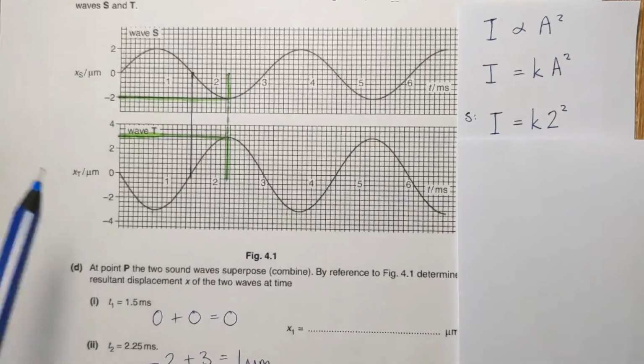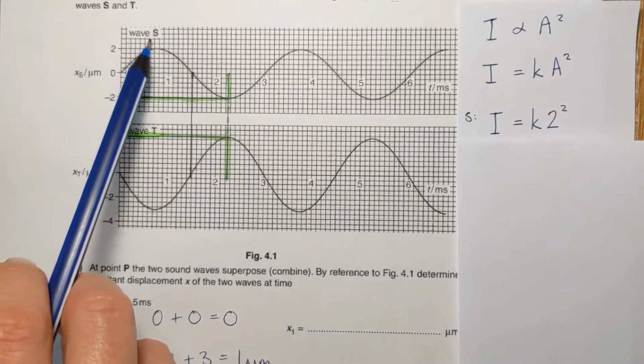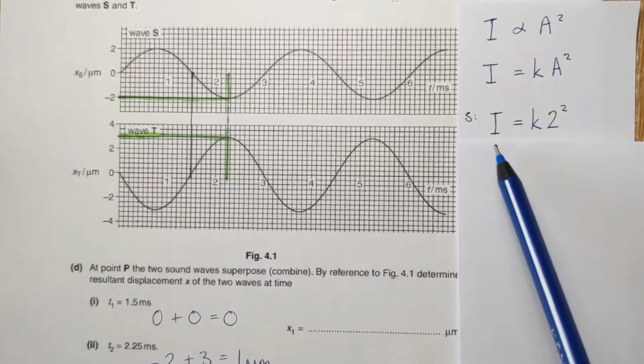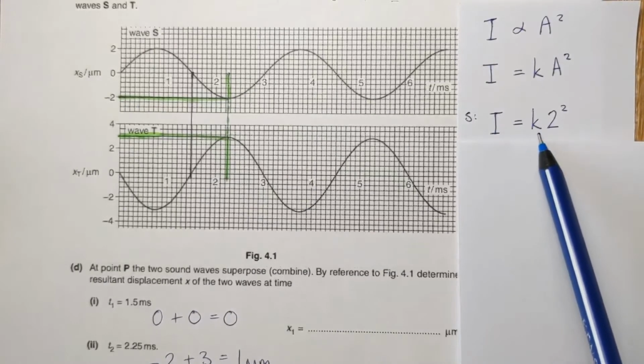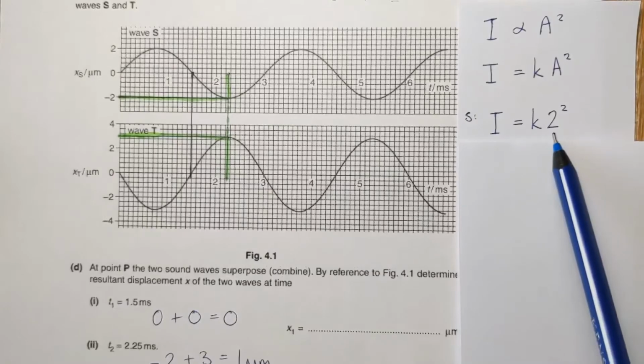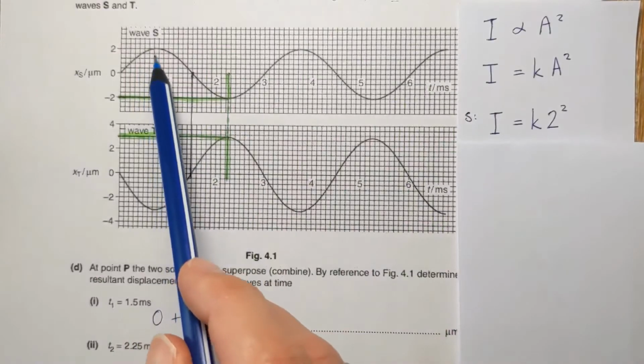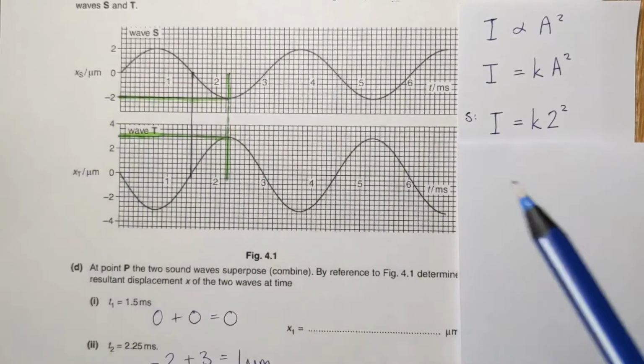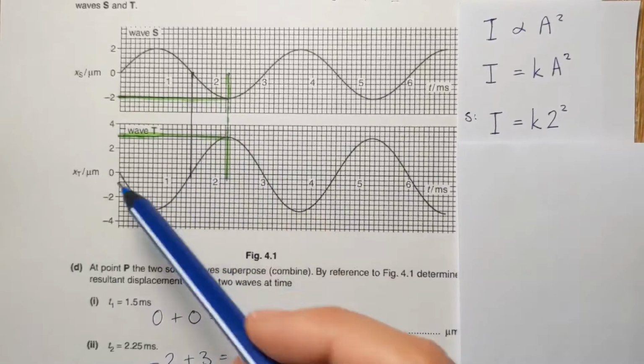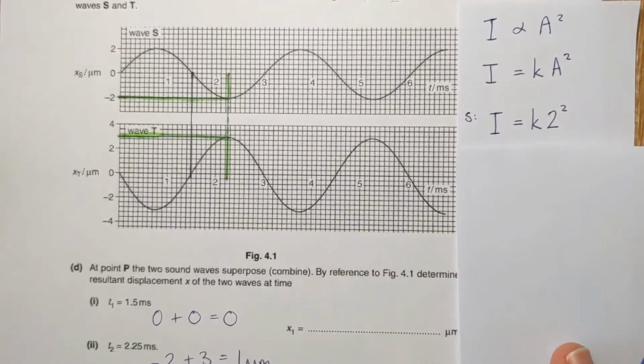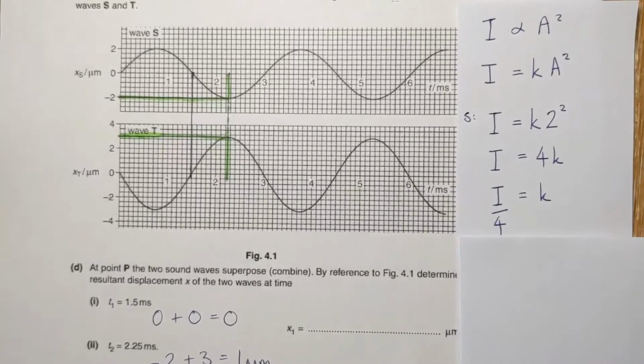So if we just had wave S, we're told that the intensity is I, and then we don't know what the constant is, but the amplitude of the wave S is 2 micrometers. Now I'm ditching the units because it's the same for both, so I'm just going to put 2 squared in there. So I find that I is equal to 4k, and k, so now we do know what the constant is, it's equal to I over 4.